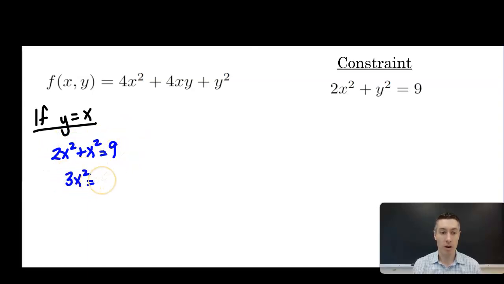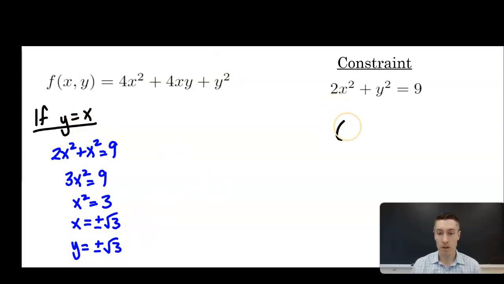So 3x squared equals 9, x squared equals 3, x equals plus or minus the square root of 3, and if y equals x, that means y equals plus or minus the square root of 3 at the same time. So square root of 3, square root of 3, and negative square root of 3, negative square root of 3. There are the first two critical points.